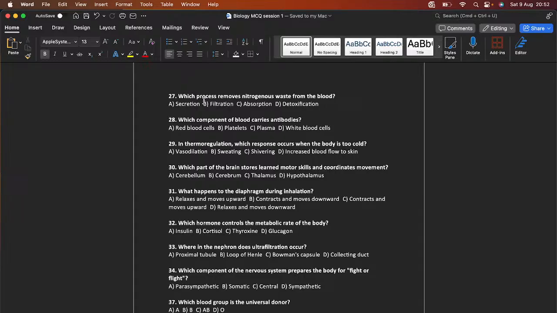So the process that removes nitrogenous waste from the blood is filtration. Filtration is what happens at the level of the kidneys. So all the blood that passes through the kidneys will get filtered.